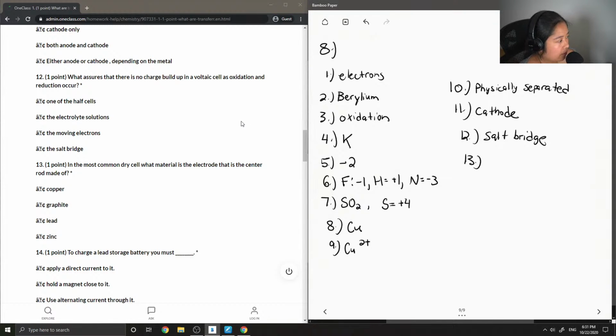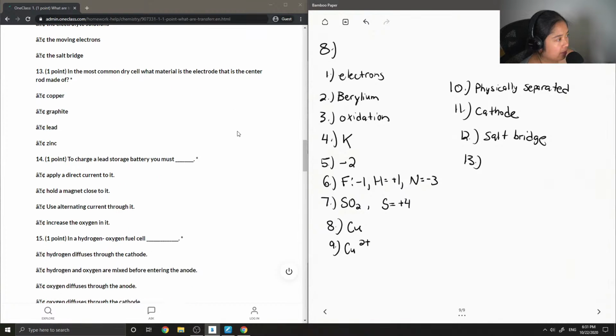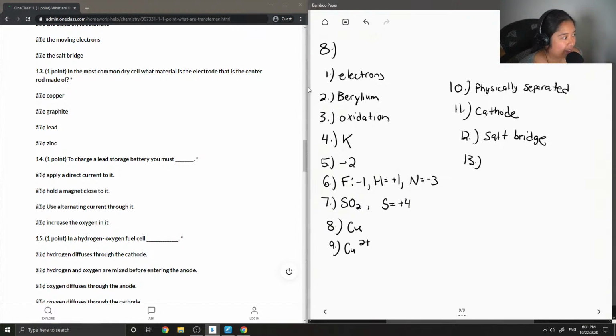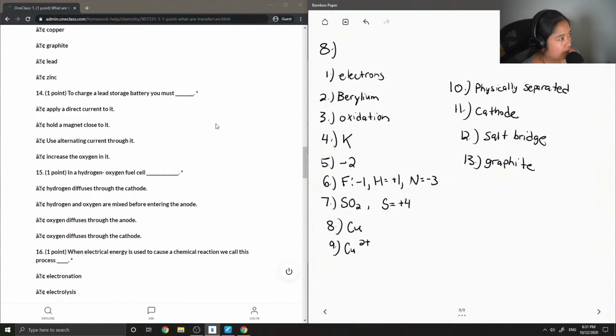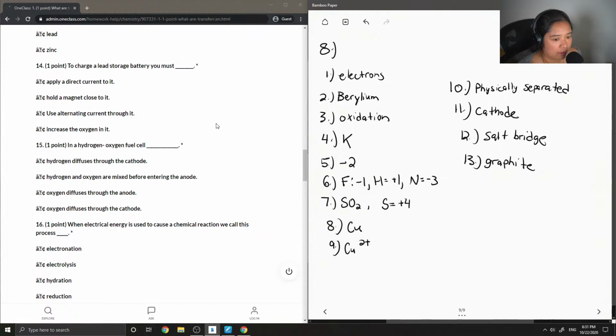In the most common dry cell, what material is the electrode that is the center rod made of? That was worded oddly, but the answer is graphite. So graphite is a conductive material used.